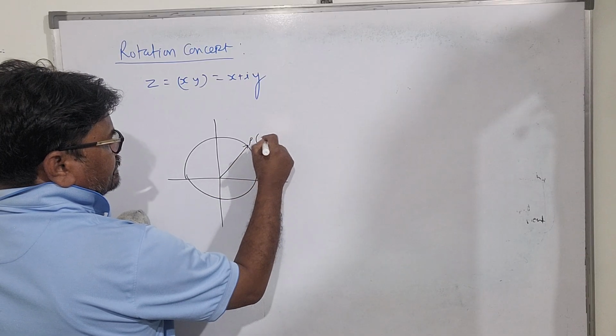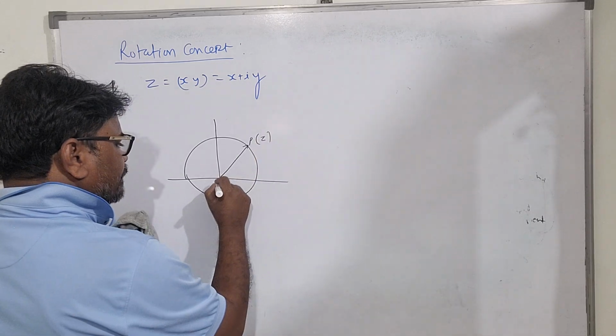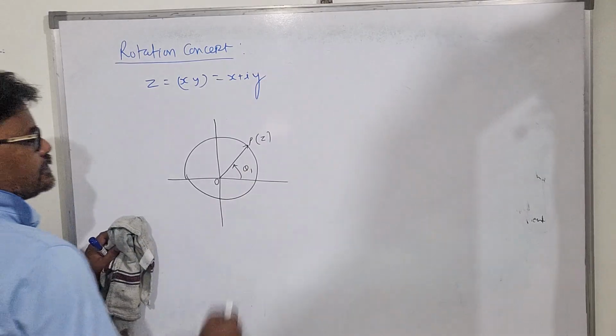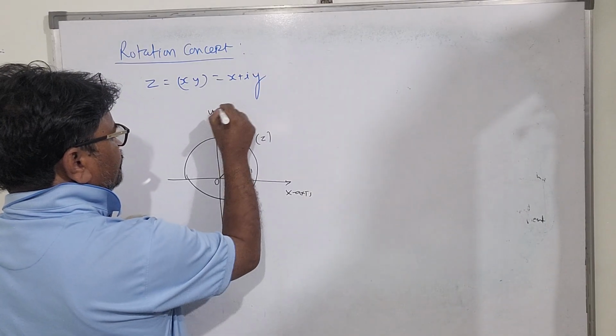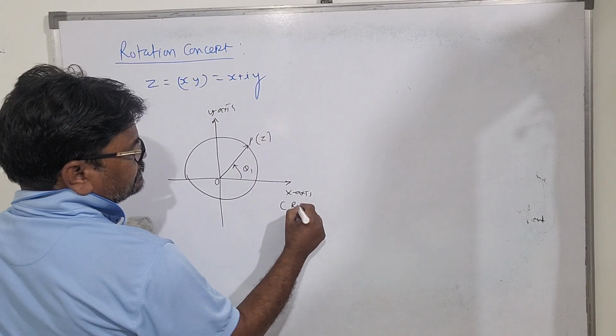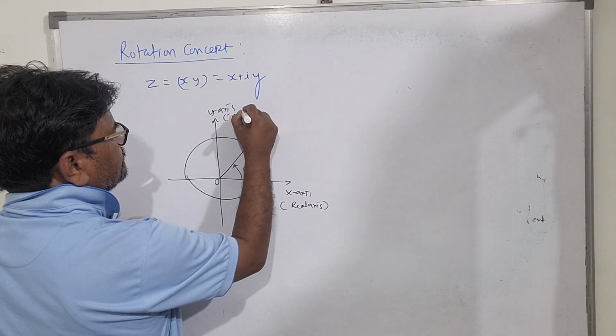This P is represented by the complex number z, and this vector OP is making angle theta 1 with the positive direction of x-axis. Correct? This is y-axis. In Argand plane we call x-axis the real axis and y-axis the imaginary axis. Correct?